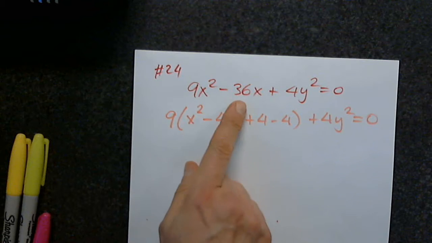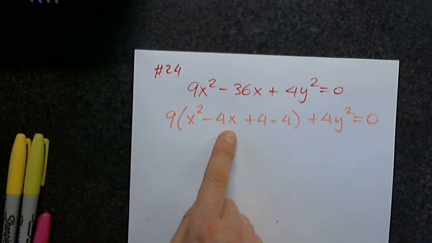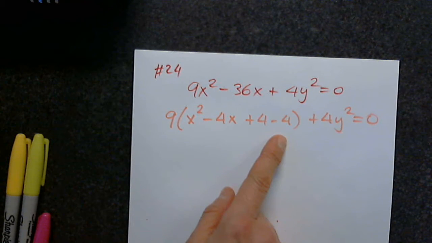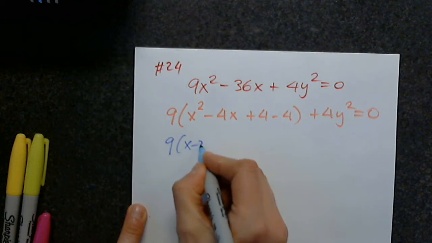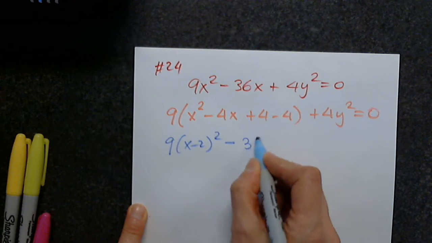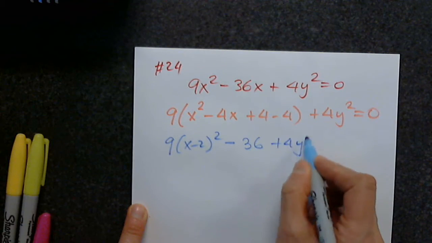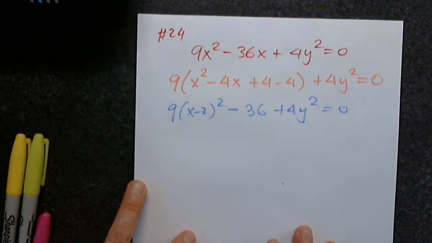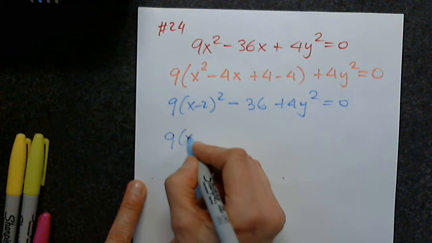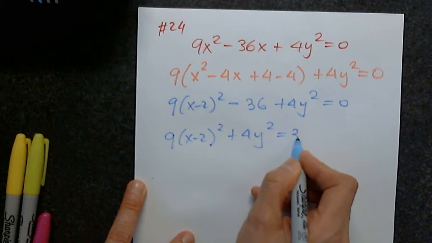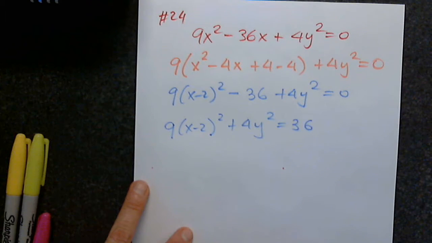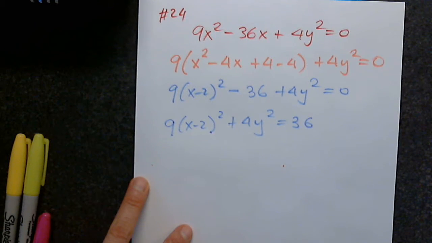So I did factor 9, correct? And I have x squared minus 4x, and then obviously plus 4 minus 4. Then I have the 9 times x minus 2 squared, minus 36, plus 4y squared equals 0. And then I have 9 times x minus 2 squared plus 4y squared equals 36. Very clearly I have to divide.